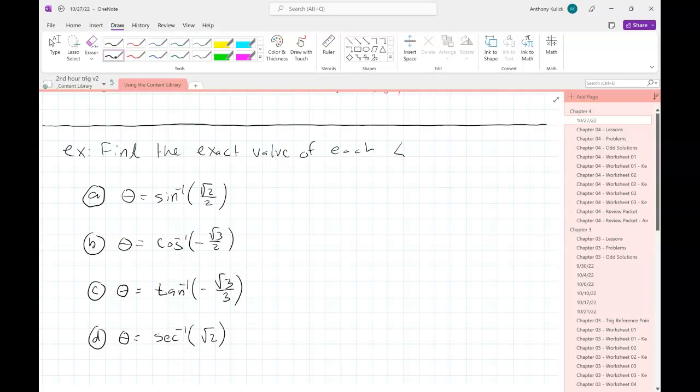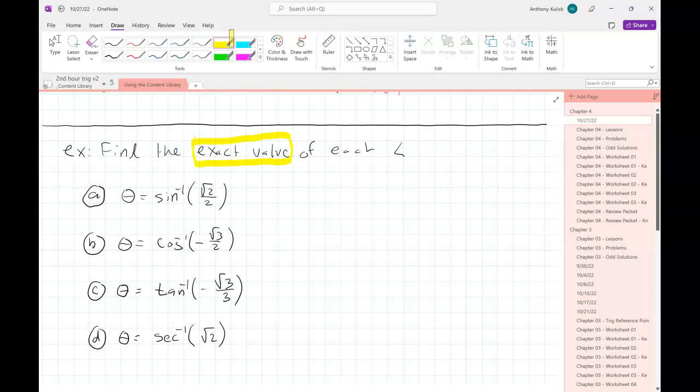Next set of examples. Here it says to find the exact value of each angle, and I give you a bunch of these to do. What about this direction is different than the previous one? Exact.